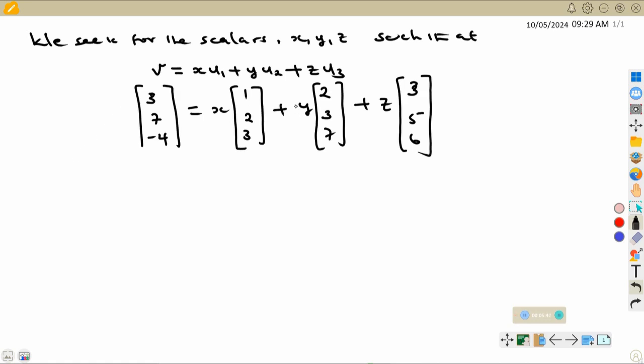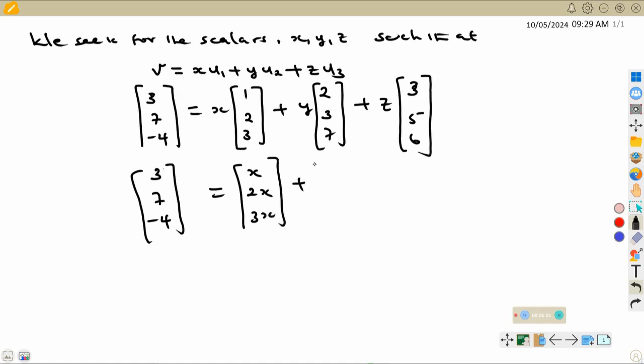So from here, we know how to deal with such vectors. You have 3, 7, -4, and you can first multiply the scalars inside. We shall have x, 2x, 3x. We shall add there 2y, 3y, 7y.